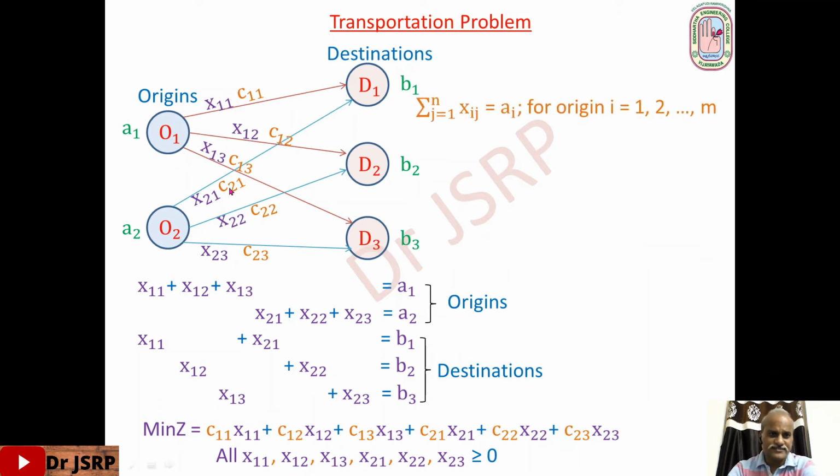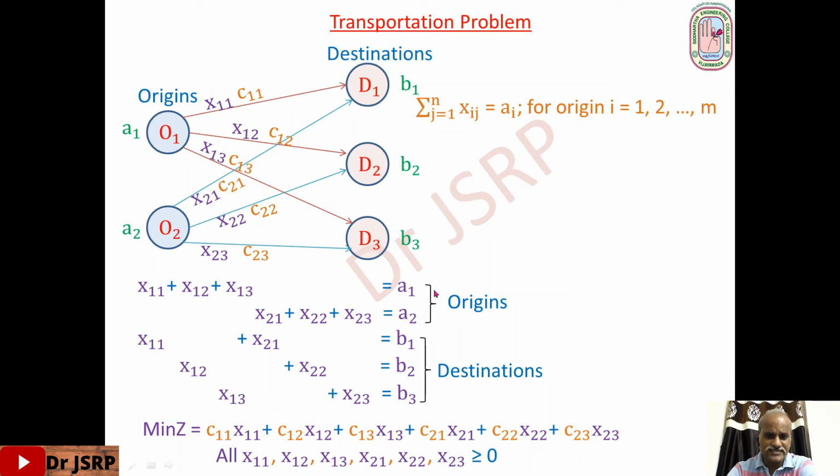This is a particular case. Suppose in general case, there are m origins and n destinations. How do we write the mathematical formulation of transportation problem? We write in sigma notations. Observe here. For two origins, we have two constraints. For three destinations, we have three constraints.